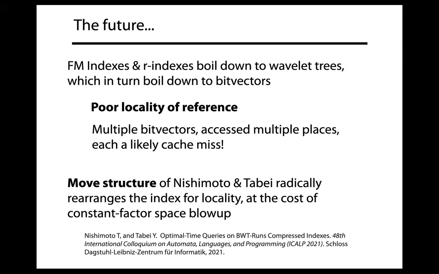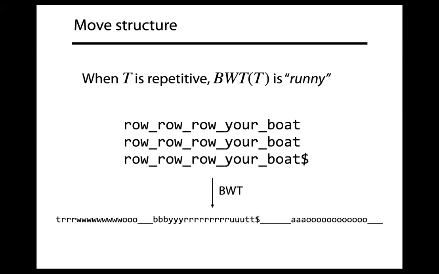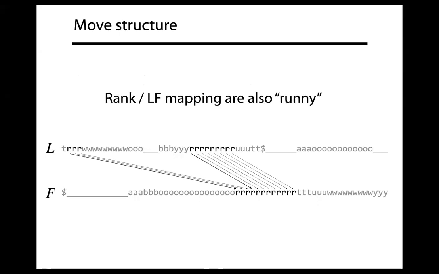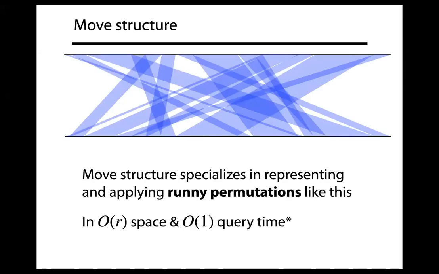I only have 5 or 6 minutes, so I will go extra fast through this part, but the idea is if I have a runny BWT like I have here, then the sorts of functions that we're interested in computing, like for example the rank function that I told you before, or more specifically the so-called LF mapping, which is just the rank plus another number, they are basically permutations, right?